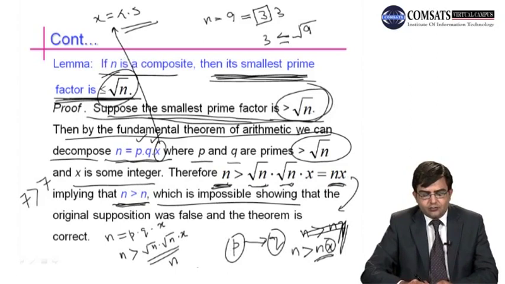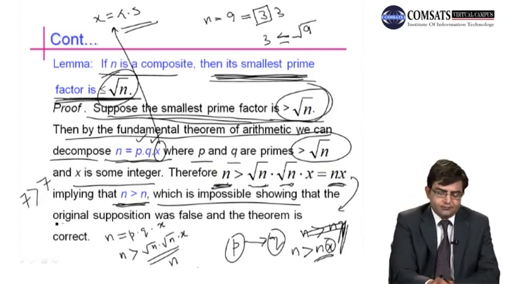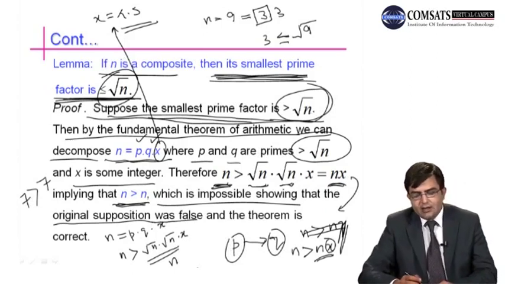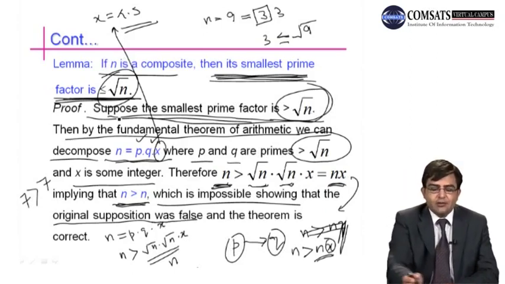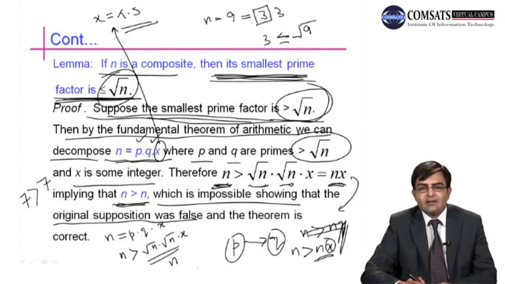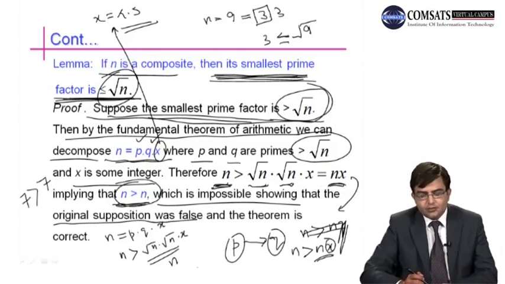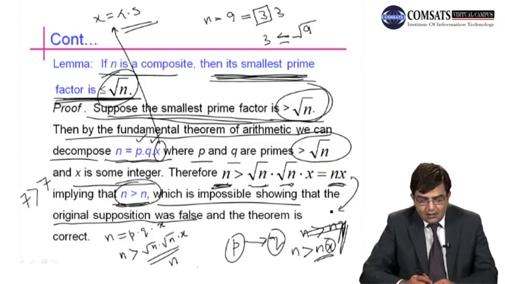So what we have supposed is false. Basically, what we have supposed here is that the smallest prime factor is greater than square root of n. Now this supposition is false, because we have arrived at a conclusion that n is greater than n, which is impossible.